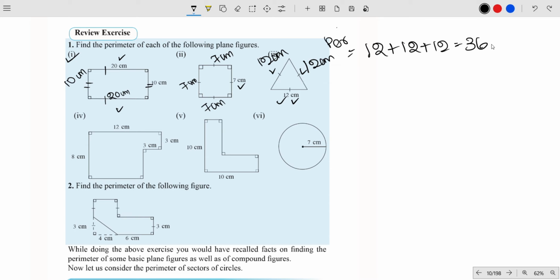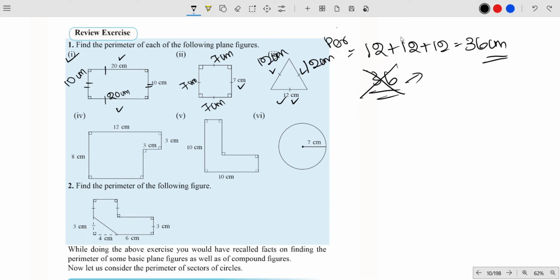So the answer will be 36 centimeters. And you have to consider the unit, right? If you don't put the unit on the answer, it will be wrong. They will deduct some marks from your full marks on the question. So be careful with the units.